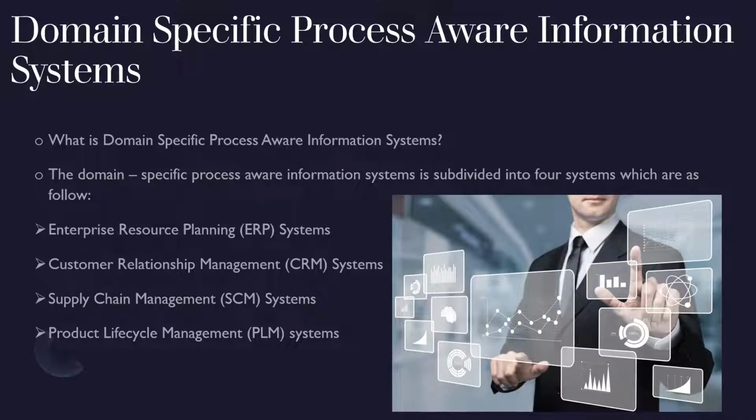It is divided into four different types, which consist of enterprise resource planning, which is also known as ERP. Another one is customer relationship management, CRM, supply chain management systems, SCM, and product life cycle management systems, PLM.